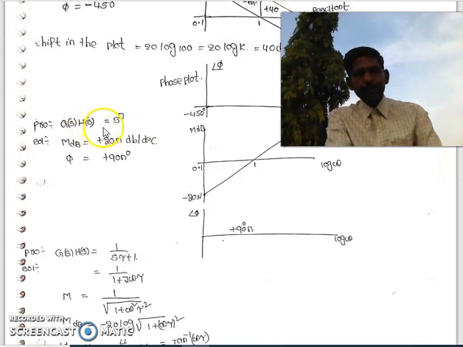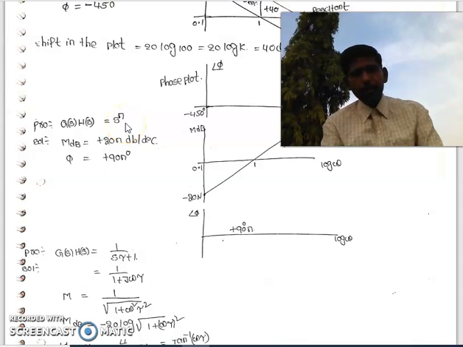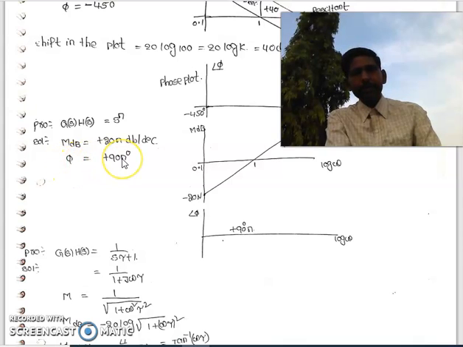The next problem, G(s)H(s) equals s to the power n. Whenever zeros are present, the magnitude in dB is plus 20 n dB per decade. The angle is plus 90 n degrees.